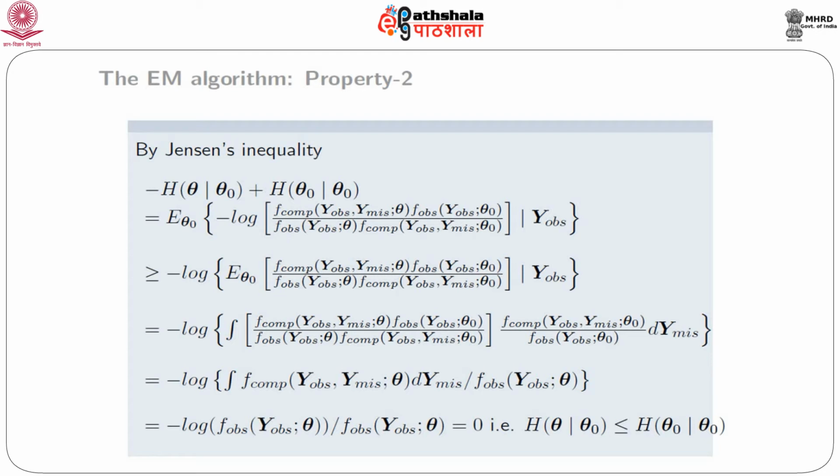That is, we can say that H of theta given theta naught is less than or equal to H of theta naught given theta naught. That is, if Q(theta 1 given theta naught) is greater than or equal to Q(theta naught given theta naught), then the log likelihood of the observed at theta 1 is greater than or equal to the log likelihood of the observed at theta naught.